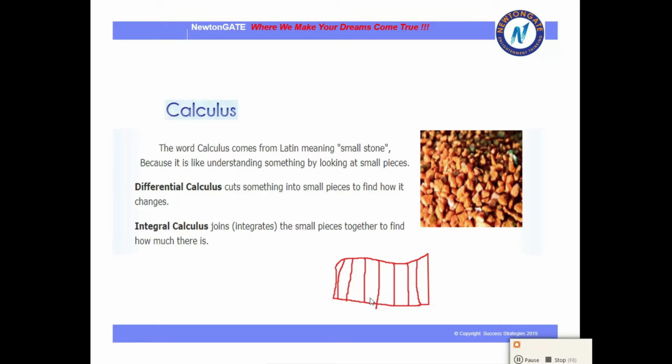So here what we are doing, we are dividing the whole bigger picture into smaller pieces and then looking at the changes each of the smaller ones is going through. But in integral calculus, we just do the opposite of it. What we do is we collect back the smaller pieces and then finally go through whatever the result is.